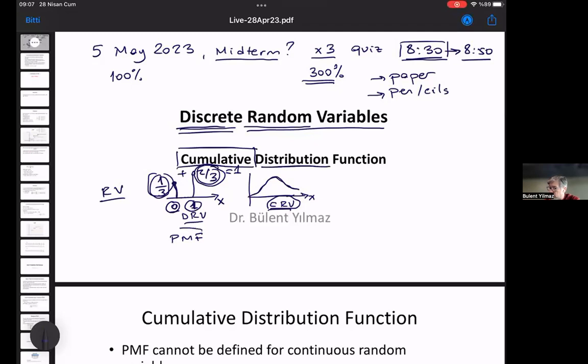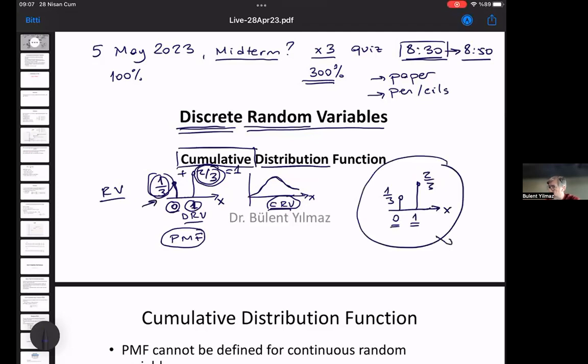Like this is probability mass function. You know, probability mass function, as I said, is discrete like that. This is my random variable, and these are my possible outcomes, 0 and 1. And then this is 1/3 and 2/3, as I mentioned here. Now I would like to convert this into a continuous function, okay?